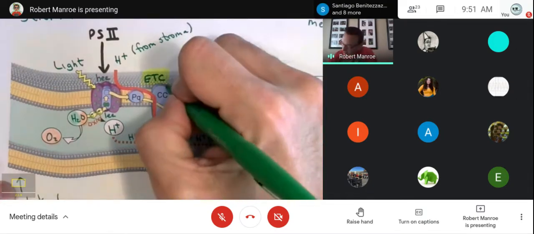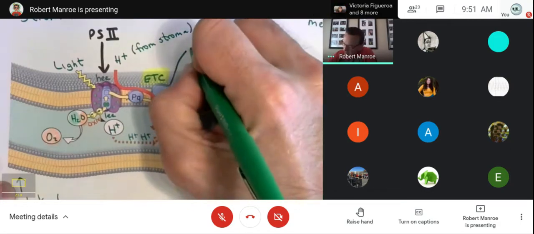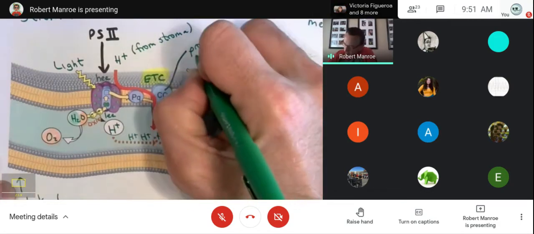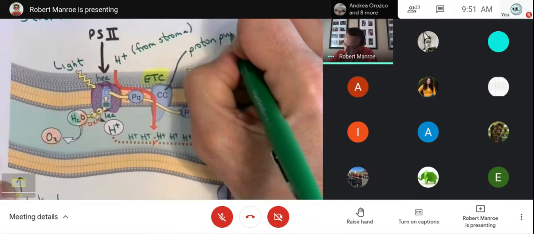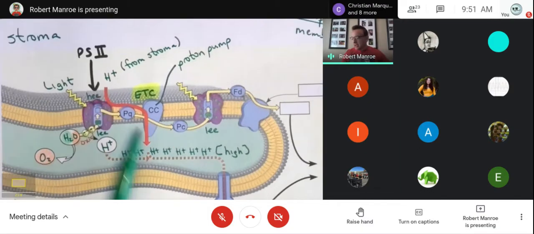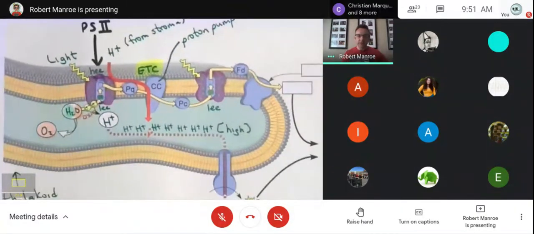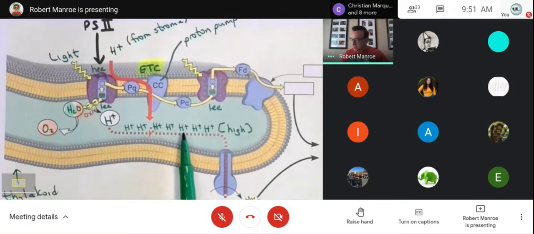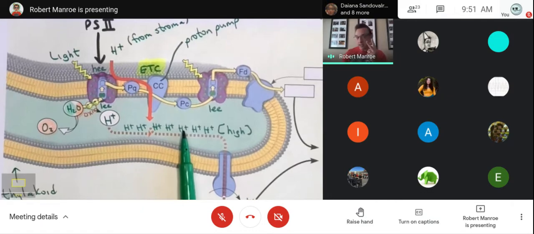So much so that this protein here is called a proton pump. And that's a pretty high-tech name. It's called a proton pump because it pumps protons, okay? It pumps protons from the stroma into the thylakoid, right? So the protons that are here come from two places, okay?